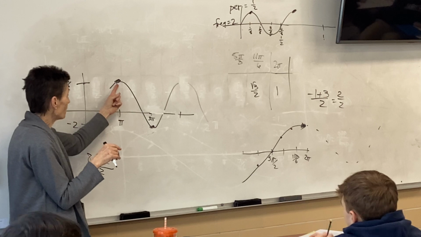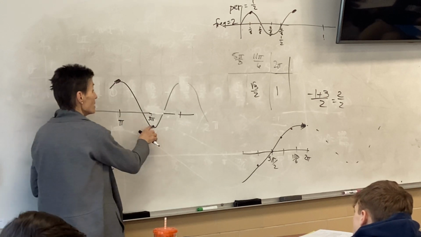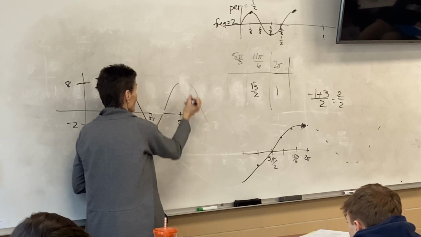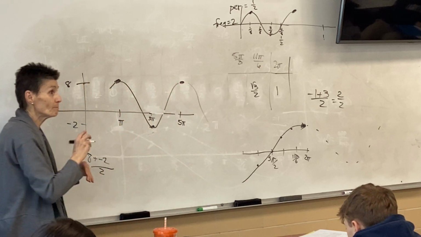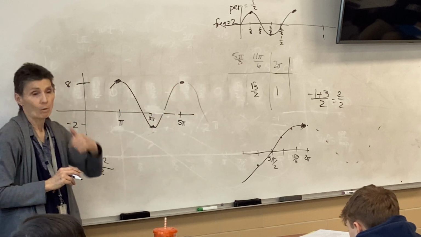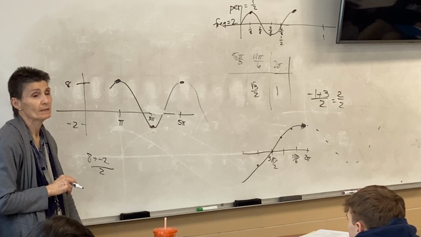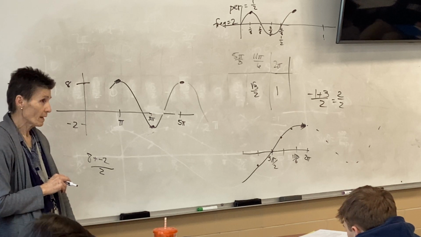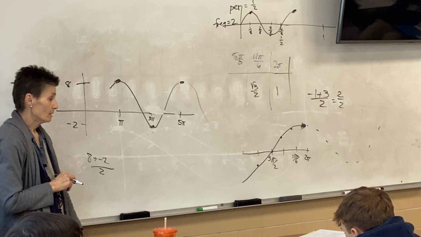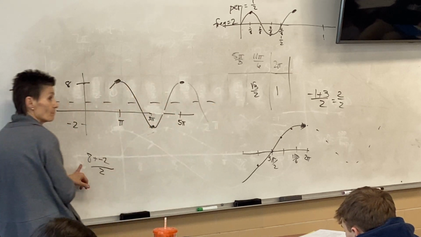How far is it from max to min now? 2 pi. So another 2 pi will put me at my next maximum. So what's my period now? 4 pi. Sorry about that. 4 pi, which means your frequency is 1 over 4 pi. Now, midline, right here, somewhere in there.